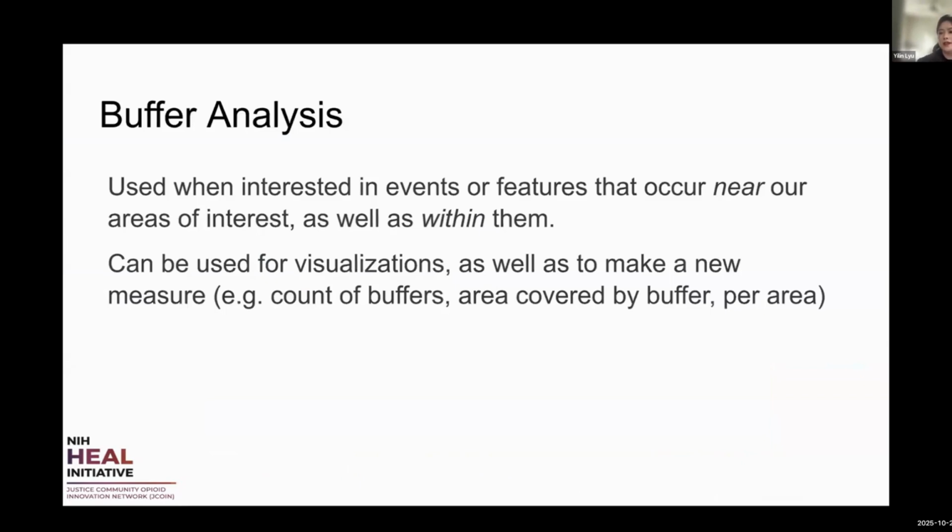Buffer analysis is used when we are interested in events or features that happen near our area of interest or within it. It can also be used for visualizations as well as to make some new measures, for example, the count of buffers or area covered by buffer. You can consider this as a process of drawing a circle around a clinic, for example, and finding out what is near the clinic.